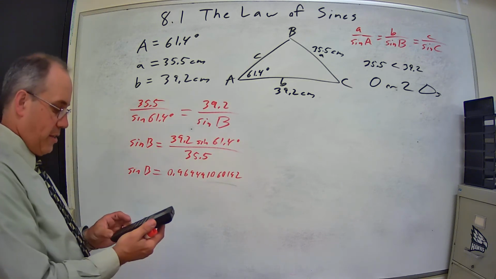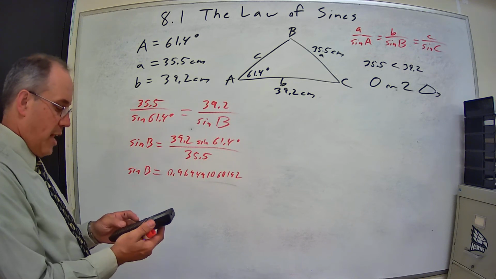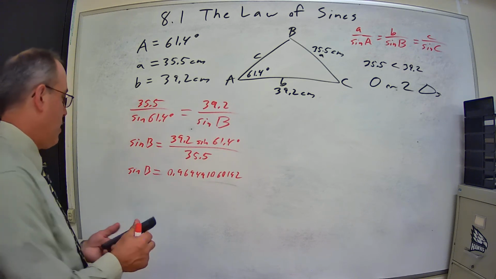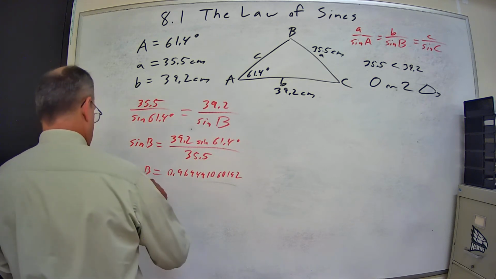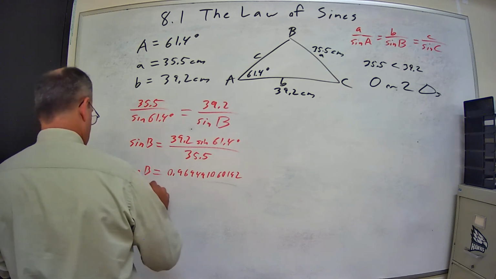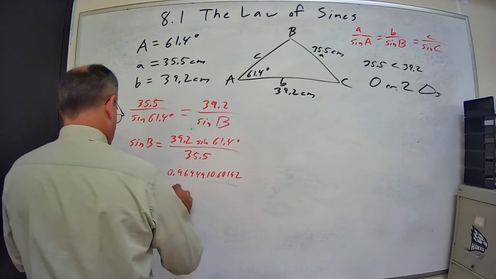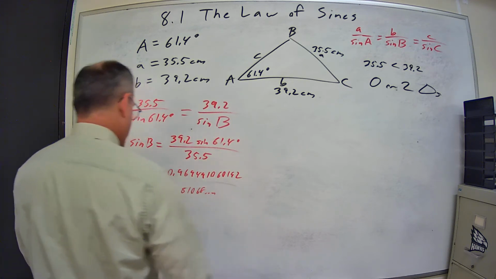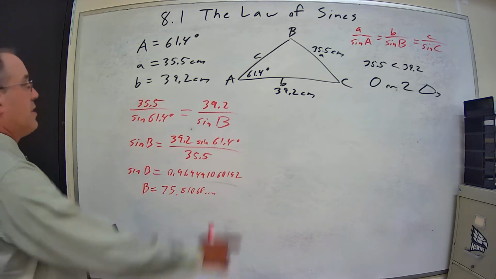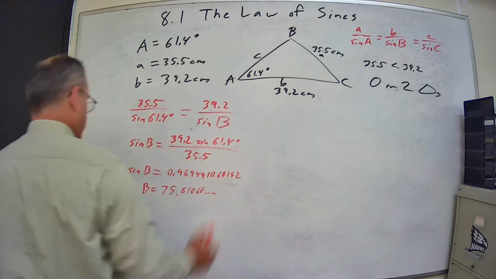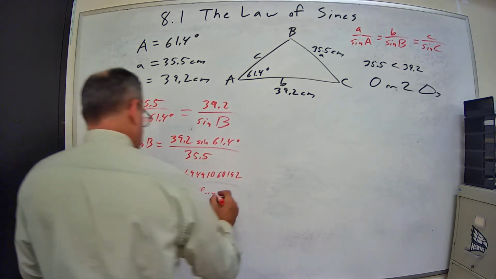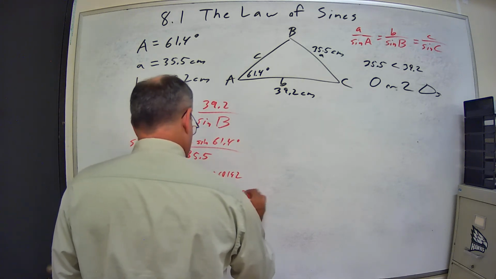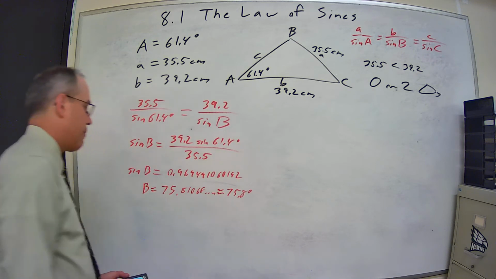So if I take the inverse sine of this, I get B is equal to 75.81068... Since our angles are to the nearest tenth, I'm going to say that's approximately equal to 75.8 degrees.